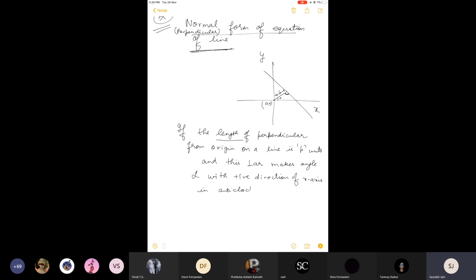This much information. Everything is given about the perpendicular to the line.